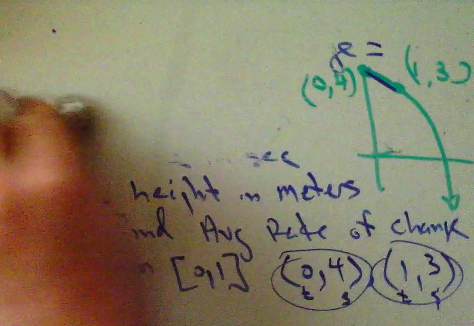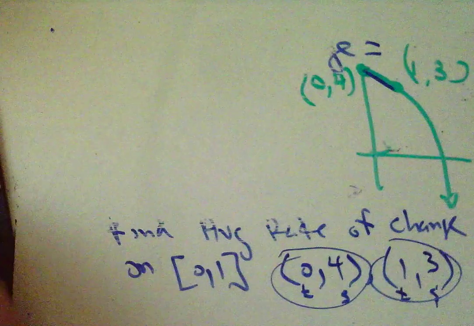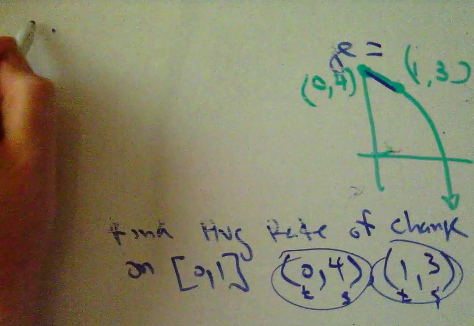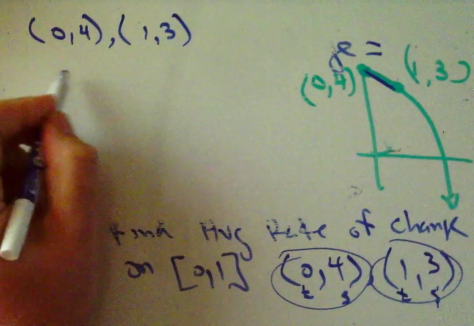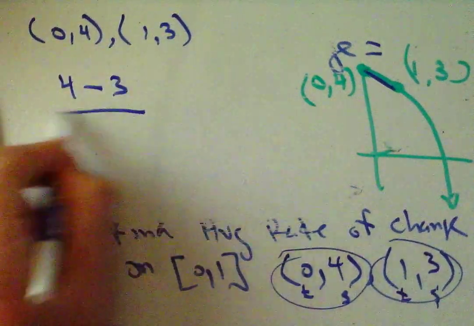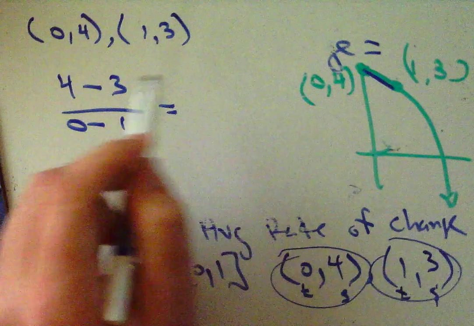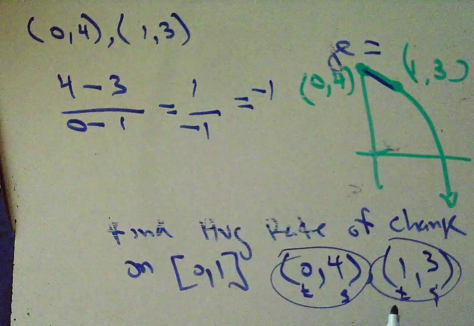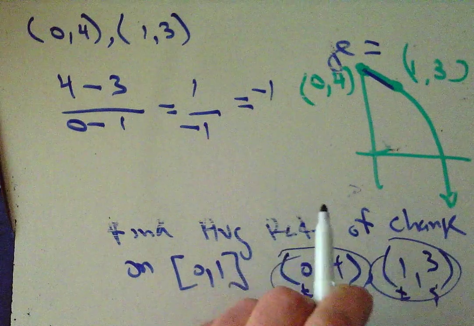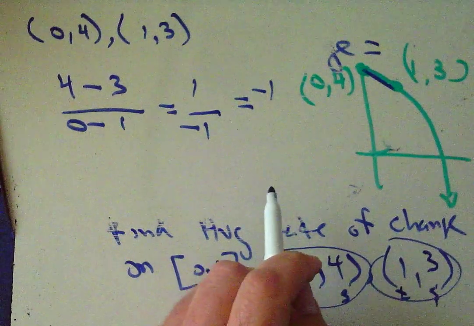So let's think about our slope formula now with these 2 ordered pairs, (0, 4) and (1, 3), and we've got 4 minus 3 over 0 minus 1, which is 1 over negative 1, or negative 1. That's a slope, but it's not got any units attached to it.